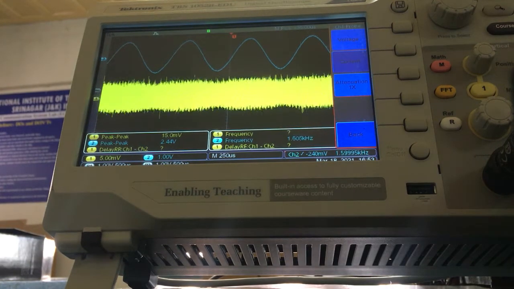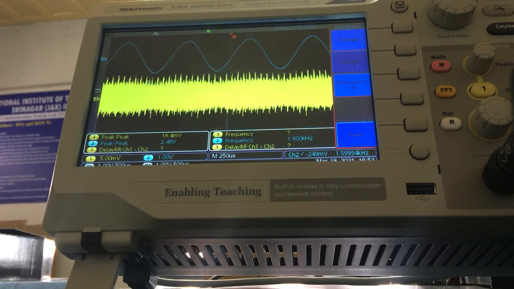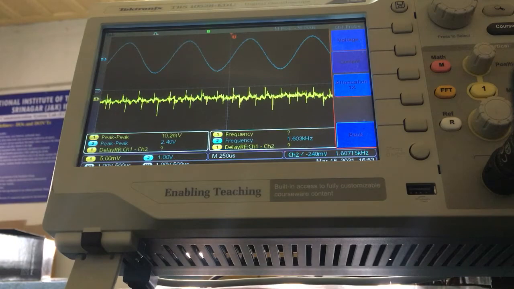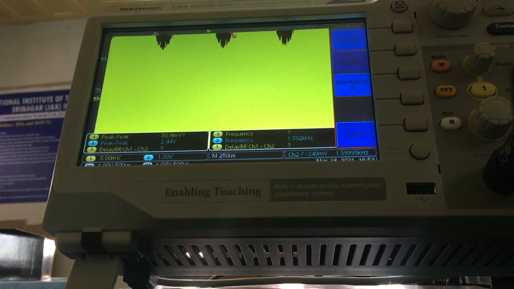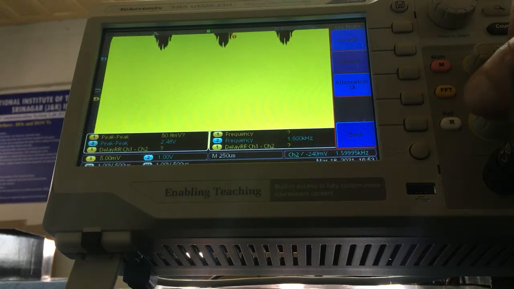Now is the time to see the output of the first IF amplifier stage. This is its output, and as you can see, it is amplified by a huge amount.